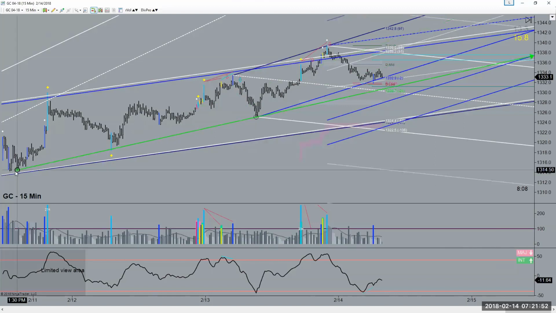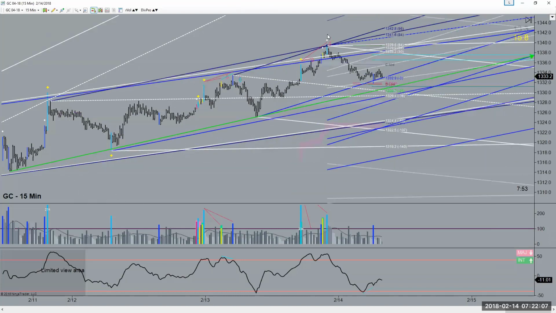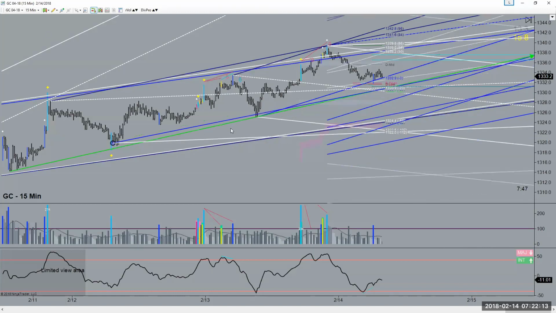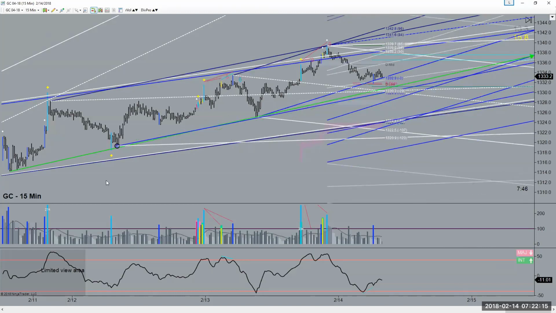Fairly close anyway. So maybe we will make it down to that. This is looking better and better right there.